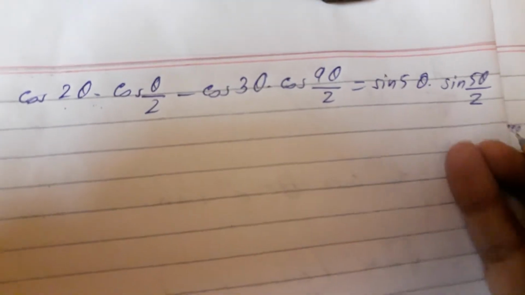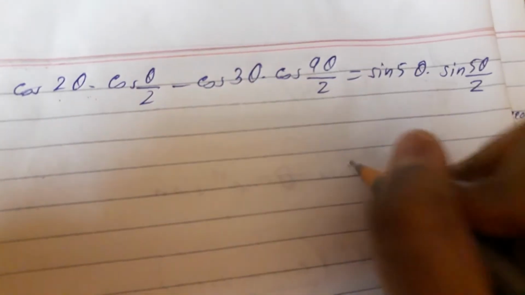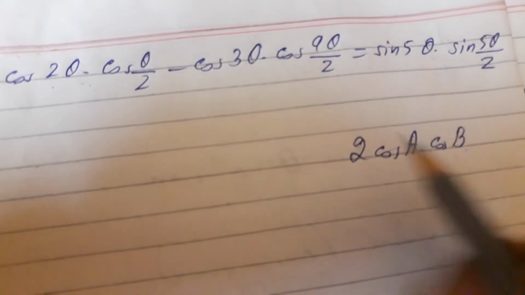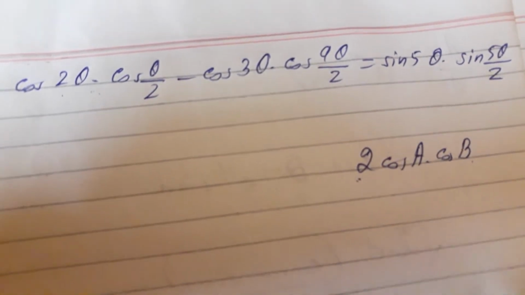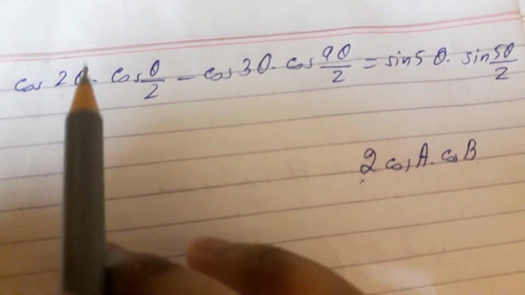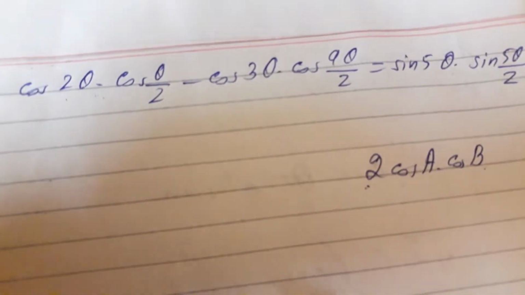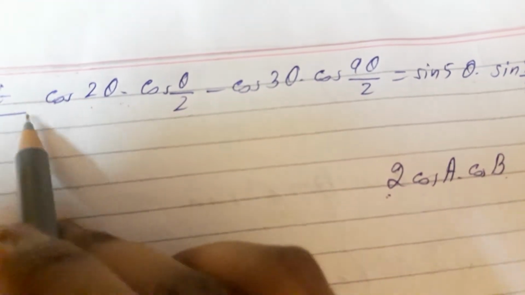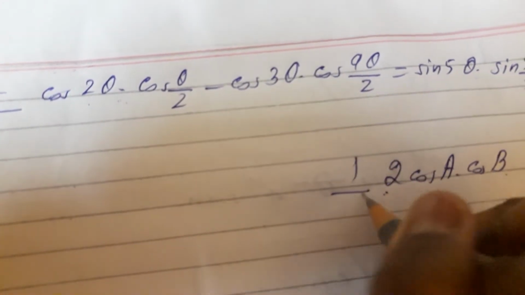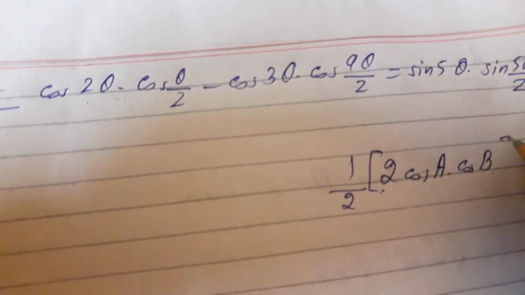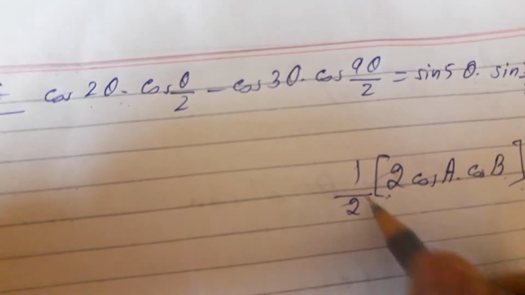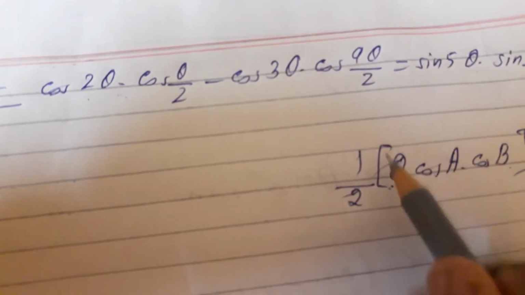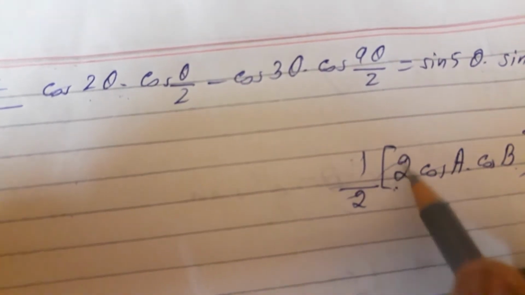We have learned the multiplication form, 2 cos A cos B. But here only cos A cos B is given, so obviously you have to take 2 here, but before that you have to multiply by half also, so that it will be balanced. This will be cancelled out, then you will get cos A into cos B.